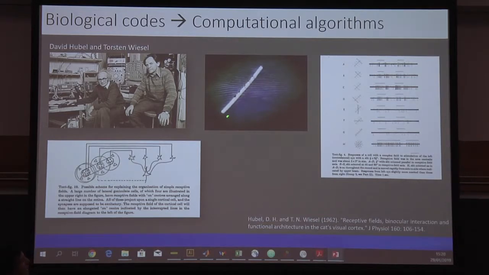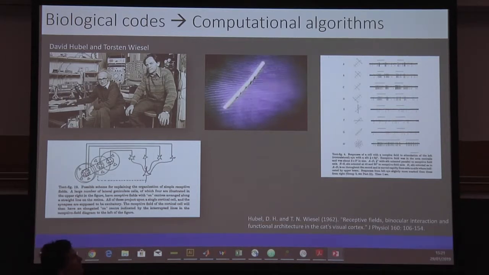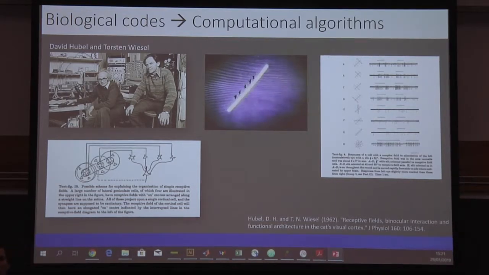What you're seeing here is the type of stimulus that they're showing to the cat or to the monkey. In this case, they're showing bars of different orientations. What they discovered is that neurons in primary visual cortex are strongly tuned to the orientation of the bar, and fire vigorously upon presentation of these stimuli.